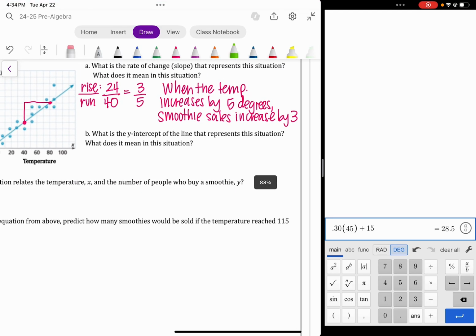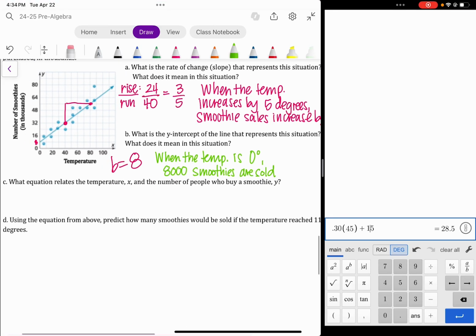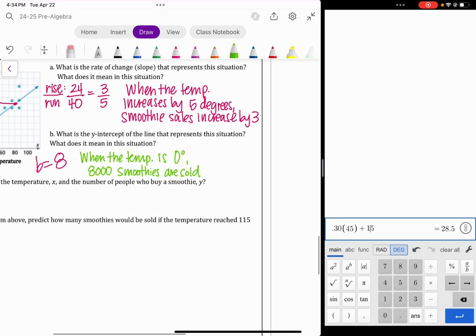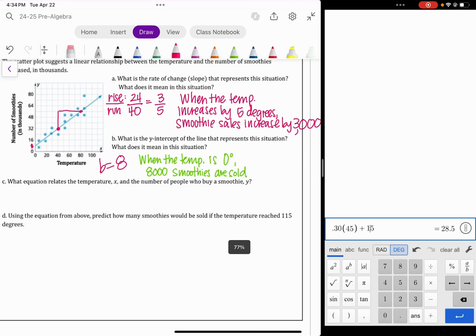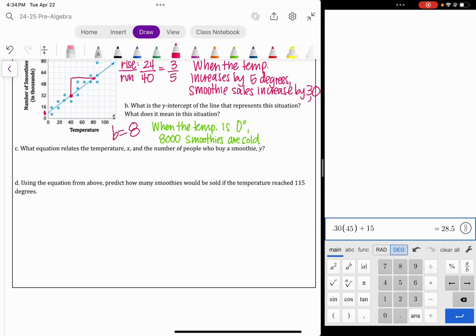And I'm realizing I need to go up to that one on A and say, when the temperature increases by 5 degrees, smoothie sales increase by 3,000. I did not pay attention to the scale, so that's my bad. So we'll just go back and fix it now.